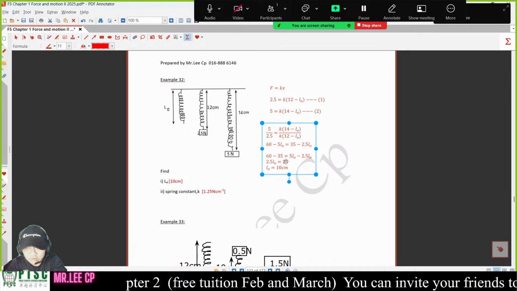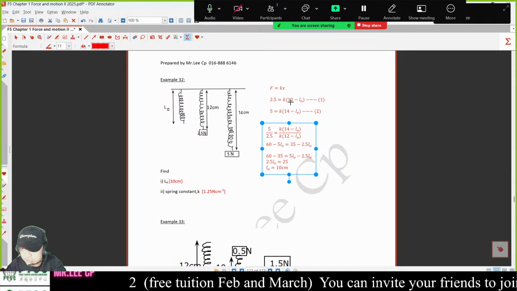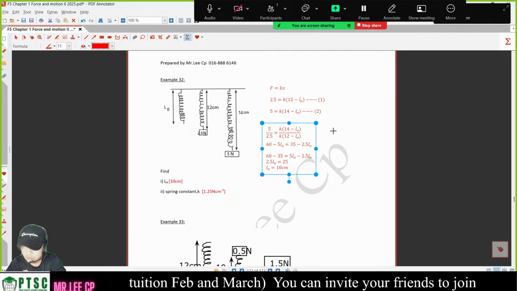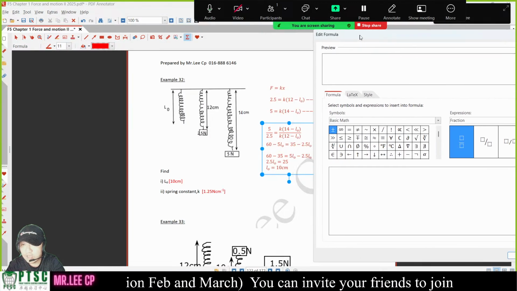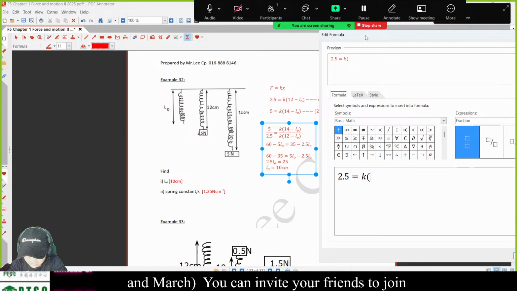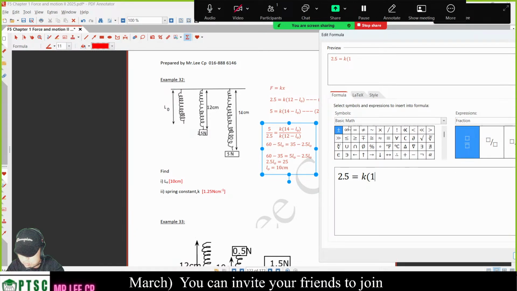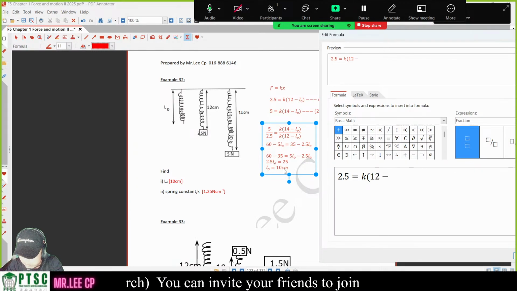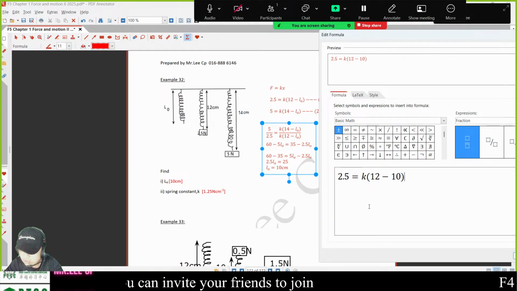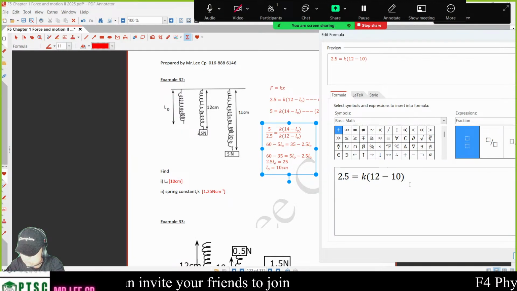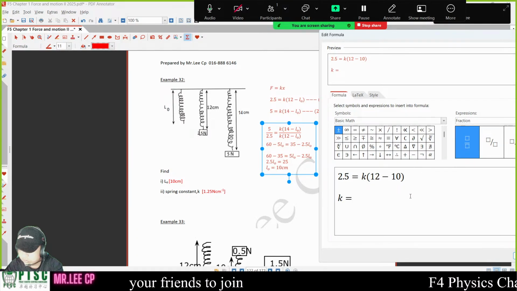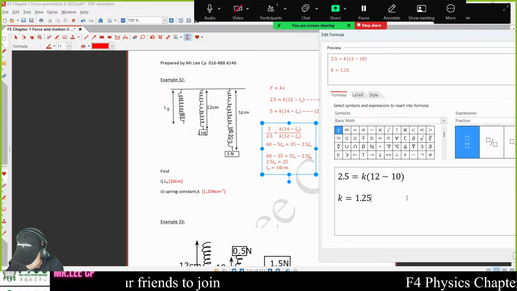Now, if your L is 10 already, you can substitute into 1 or 2, up to you. I substitute it into 1. So 2.5 is equal to K times 12 minus L naught. How much is L naught? L naught is 10. So 2.5 divided by 2 is 1.25 Newton per cm.